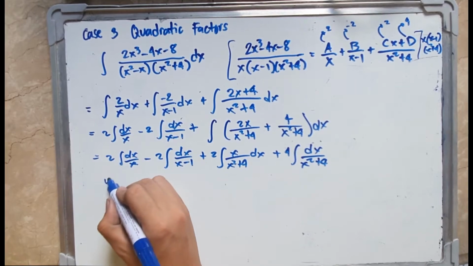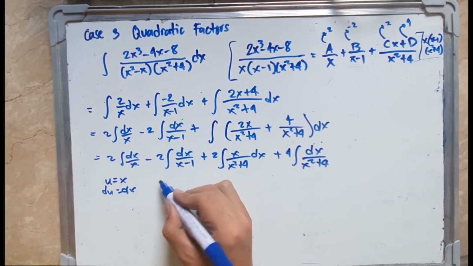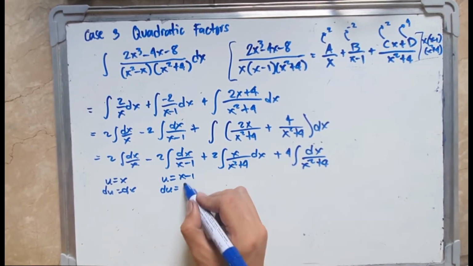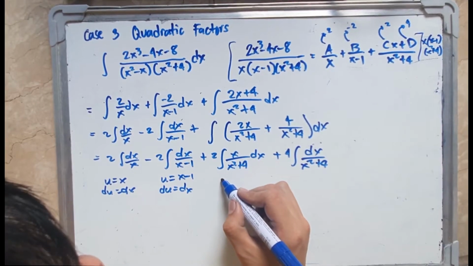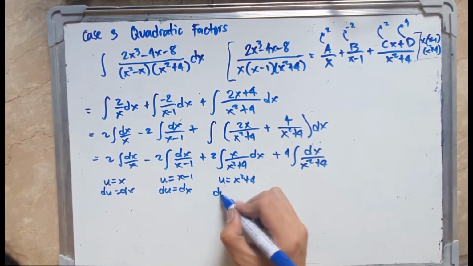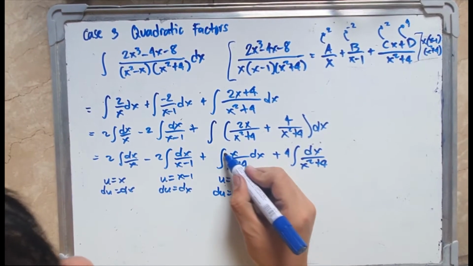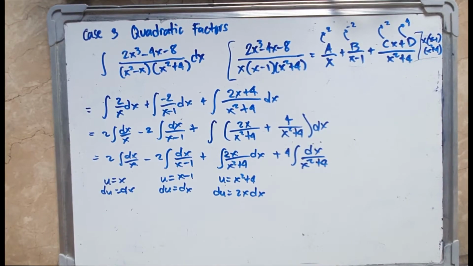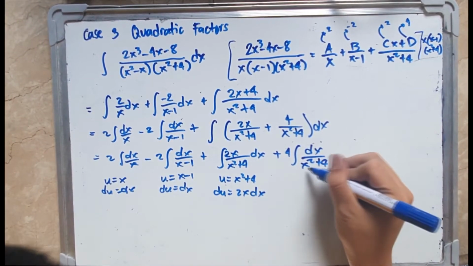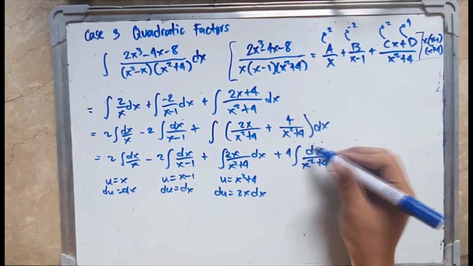For the first, u is x and du is dx. For the second, u is x minus 1 and du is dx. For the third, u is x squared plus 4 and du is 2x dx, so let's write this one again inside. Here we could use inverse trig.